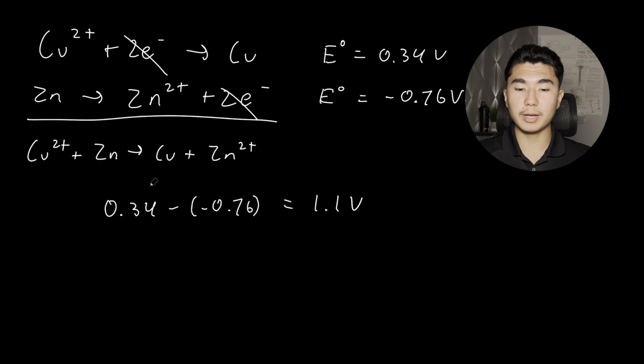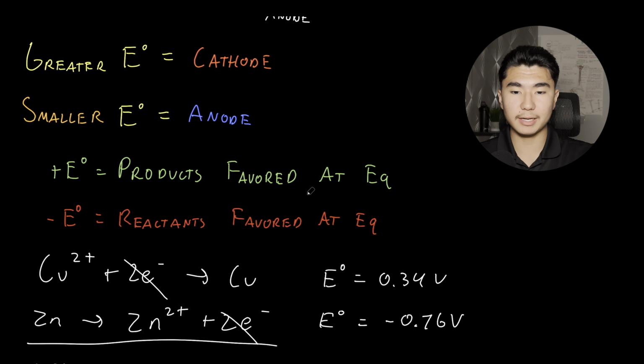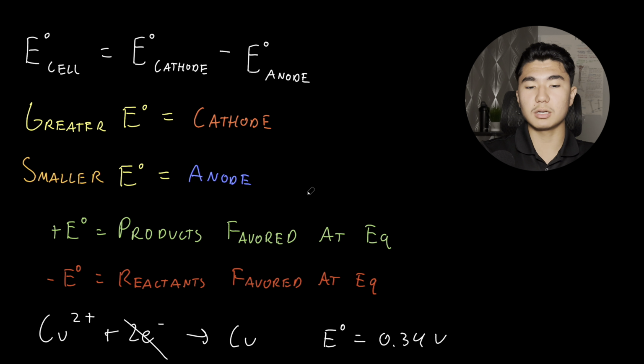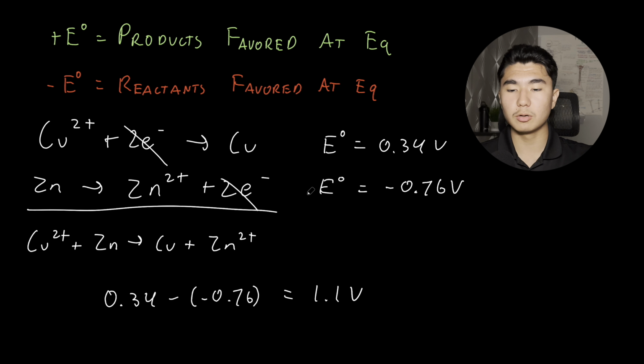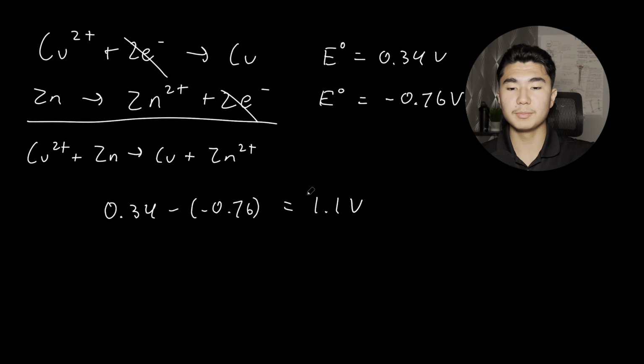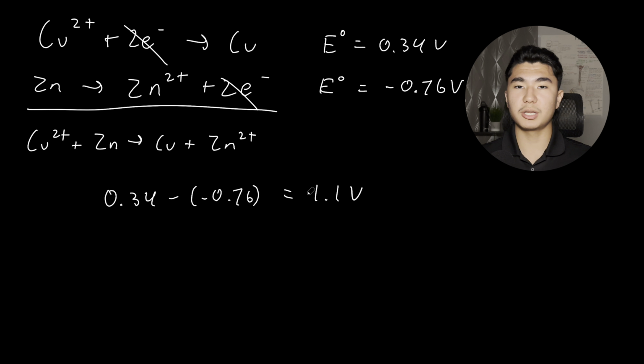We get our final reaction over here, and we just calculate our standard reduction potential, looking back at our equation, cathode minus anode. Remember, red cat and ox: reduction is with the cathode and oxidation is with the anode. So it was 0.34 minus negative 0.76, and that got us 1.1 volts.